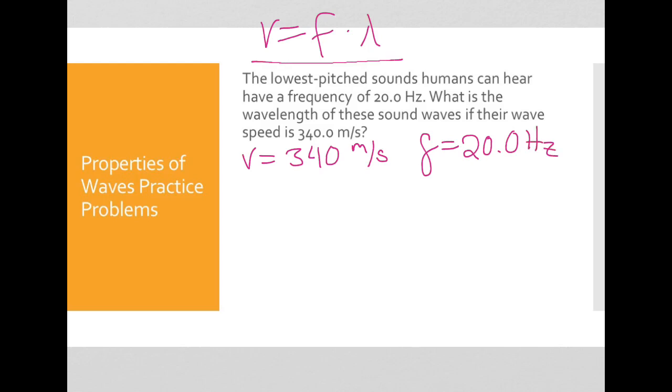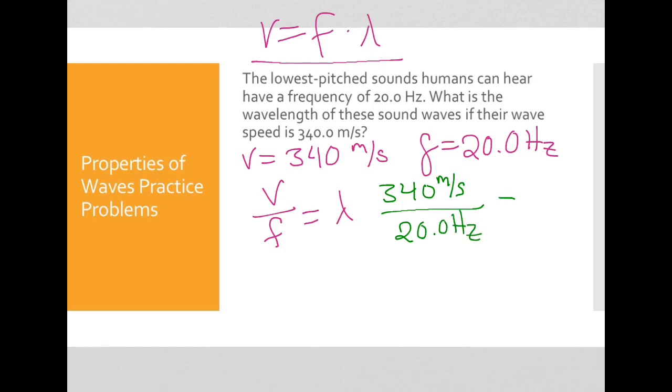I can change this equation so that I'm solving for wavelength, where now it'll actually be v divided by f equals wavelength. So 340 divided by 20 gets a wavelength of 17, and that is in meters, because that is a length of something, a distance, and that's an m for meters.